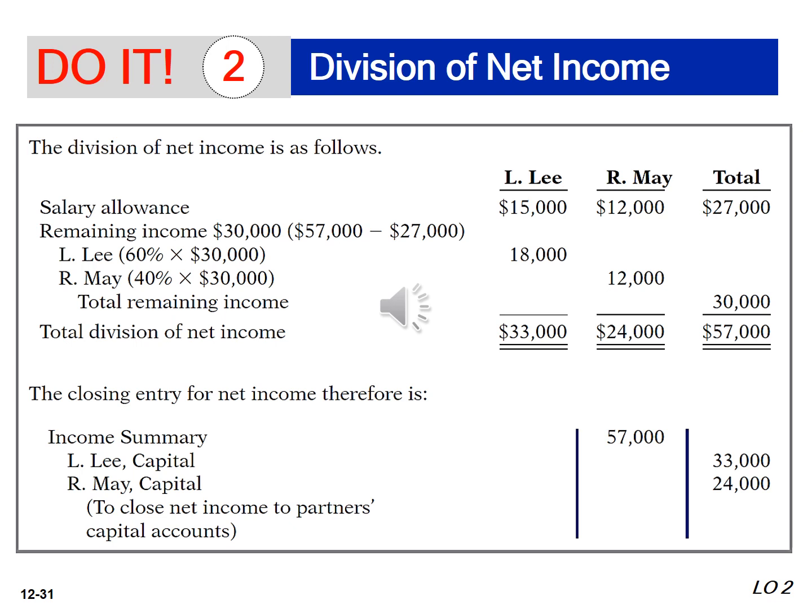We create a closing entry for net income based on the calculations we've carried out. We debit income summary 57,000, and we credit the two partners' capitals, where LE's capital is 33,000 and RMA's capital is 24,000.